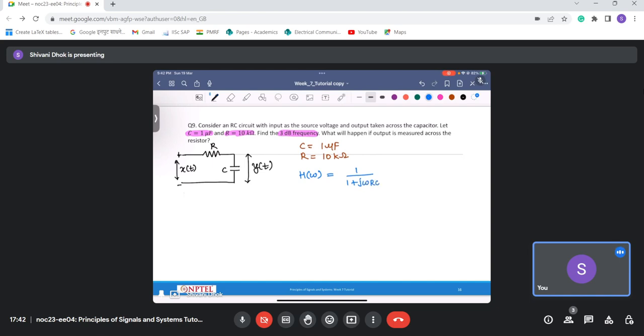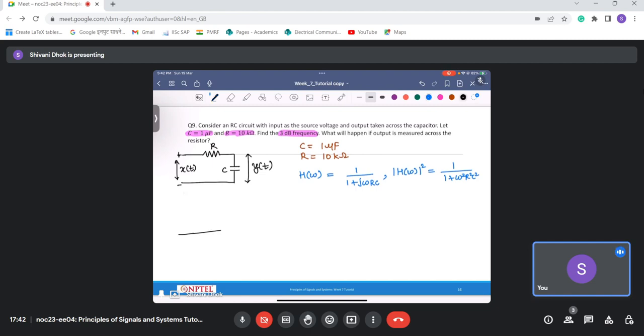We had seen that this magnitude response, or let's say this mod H of omega squared, is equal to 1 upon 1 plus omega squared R squared C squared.